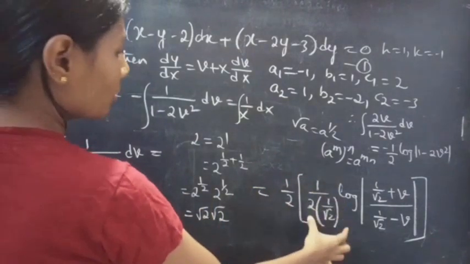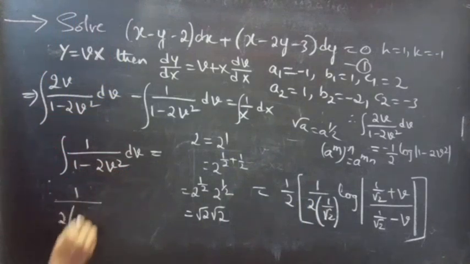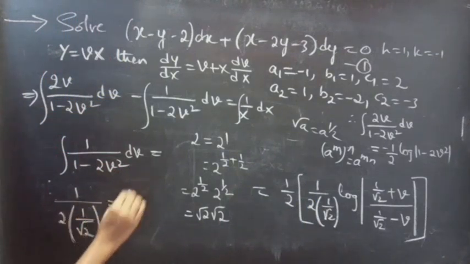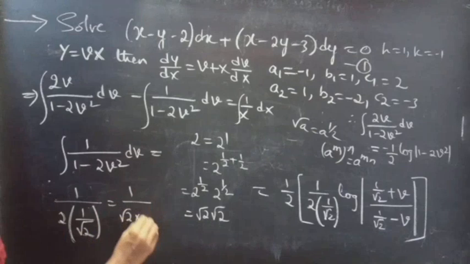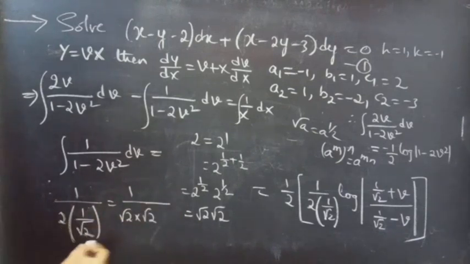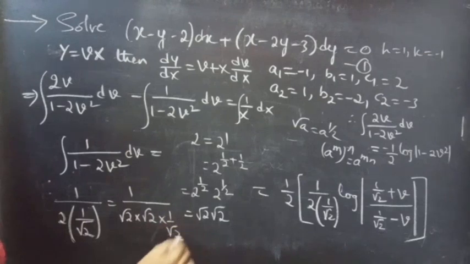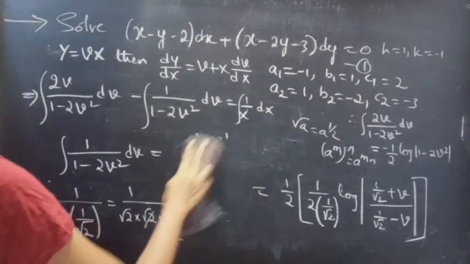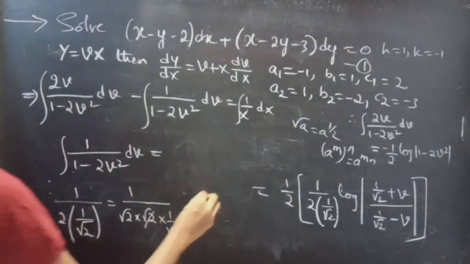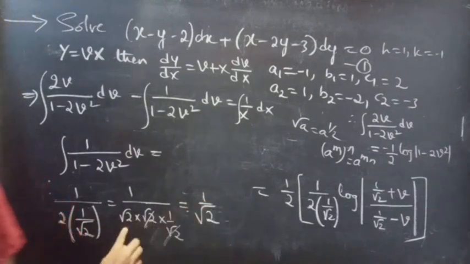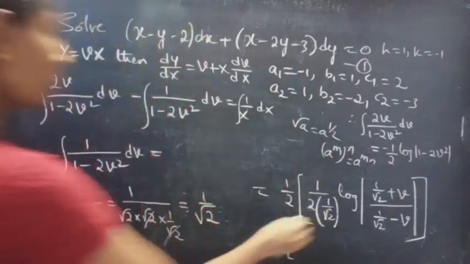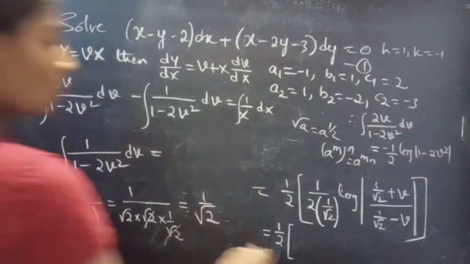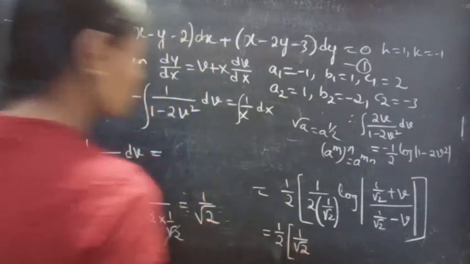Then this 1 by 2 into 1 by square root of 2 becomes, replace 2 by square root of 2 into square root of 2, into 1 by square root of 2, so that one square root of 2 gets cancelled and you'll get 1 by square root of 2.